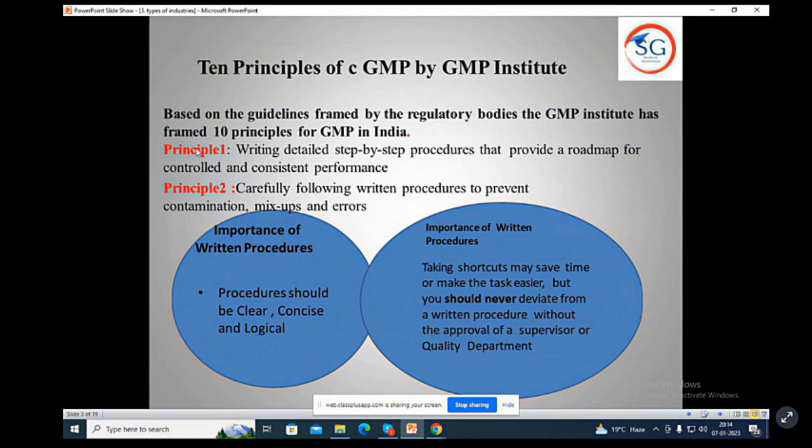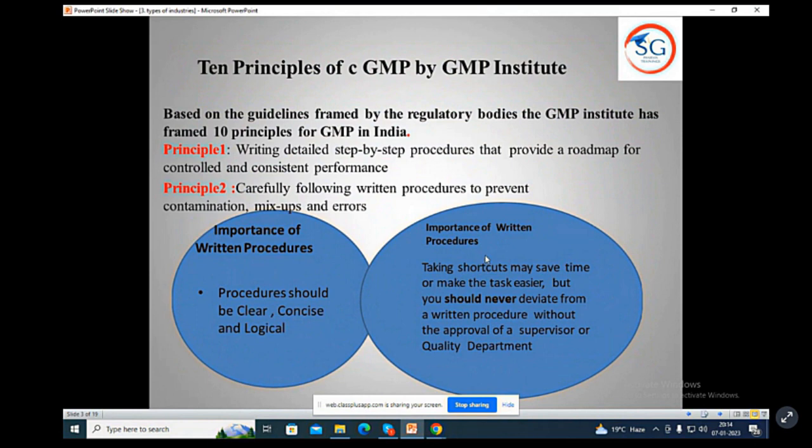So the first principle is there should be a written procedure or SOP for each and every activity that is being carried out. Second, what is the importance of the written procedures? The procedures or the SOP should be very clear, concise, and logical. It should be brief, but it should be very clear.